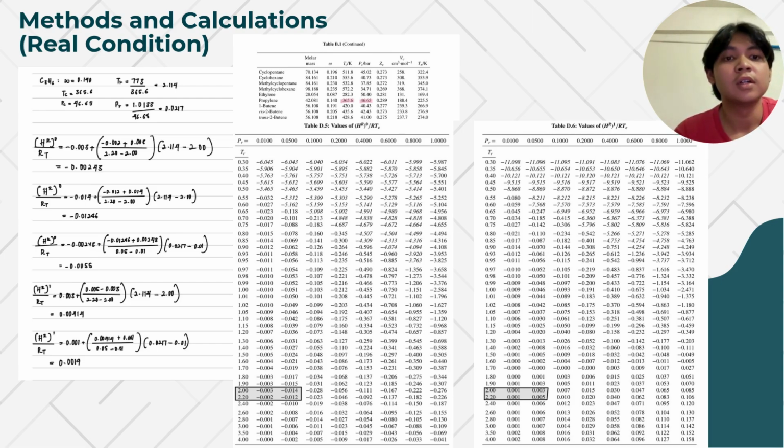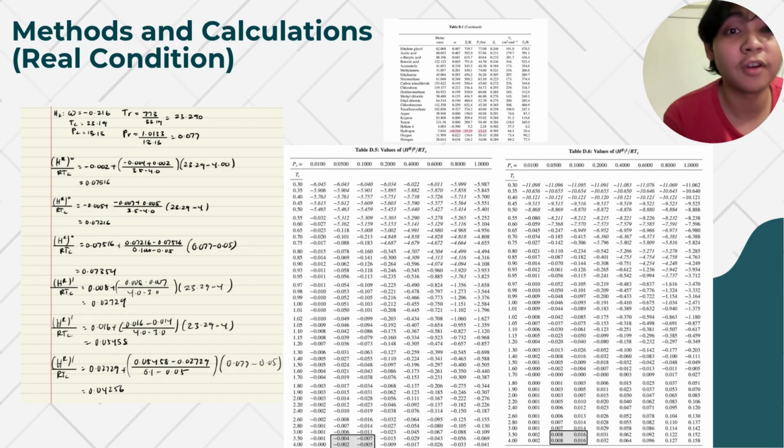So the values that we get after the interpolations are HR0 over RTC is negative 0.0055 and HR1 over RTC is 0.0019.